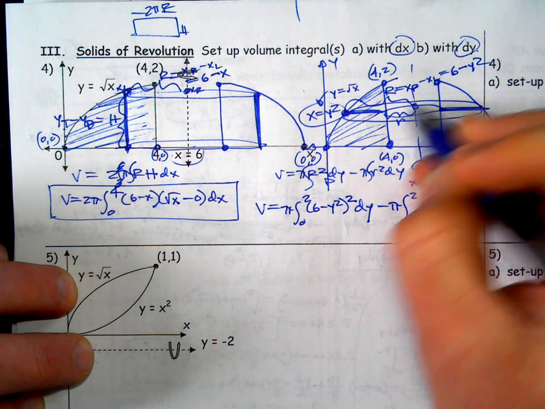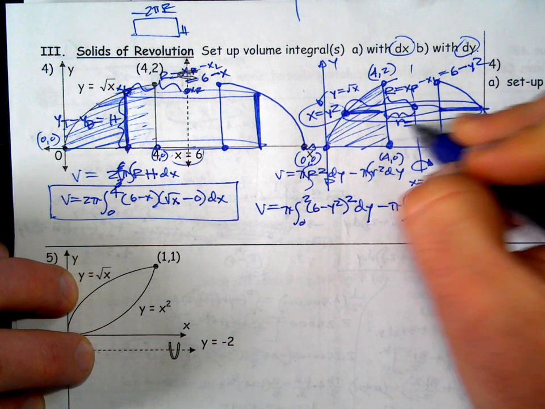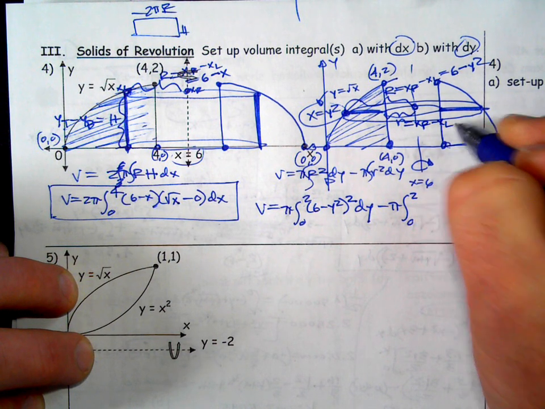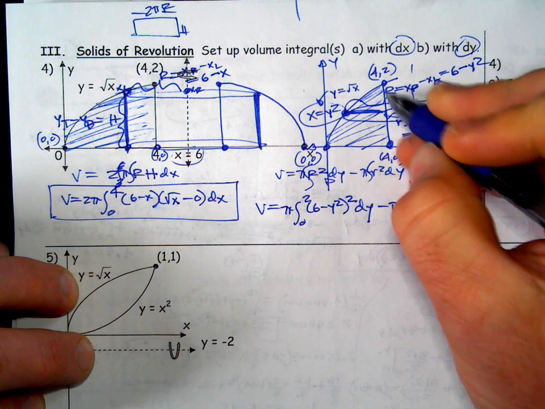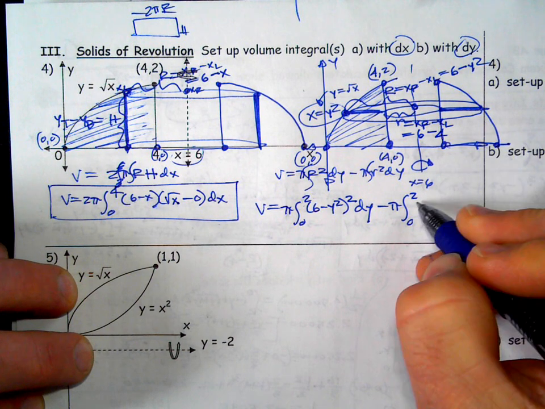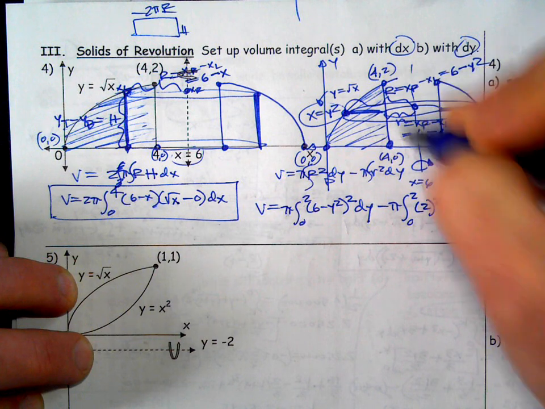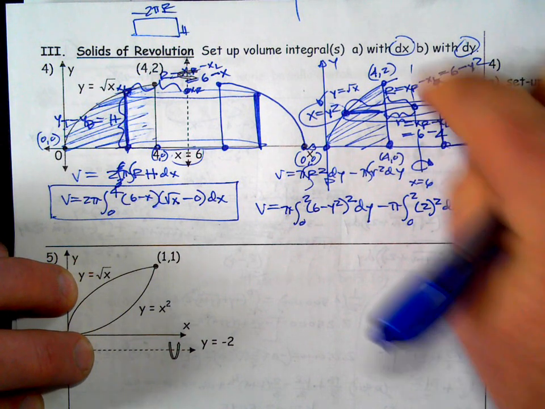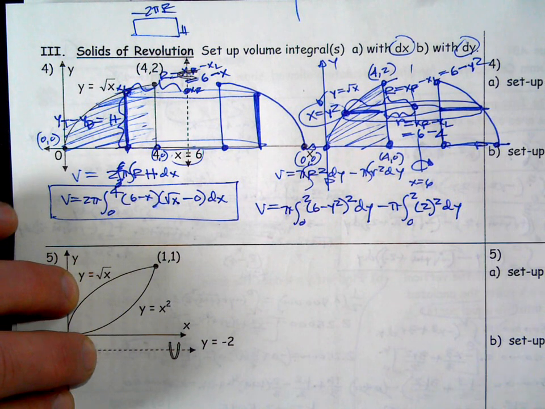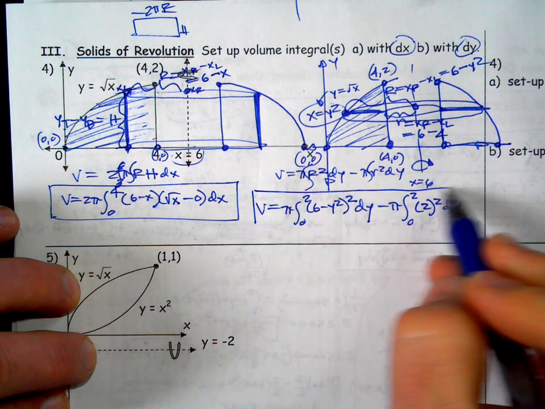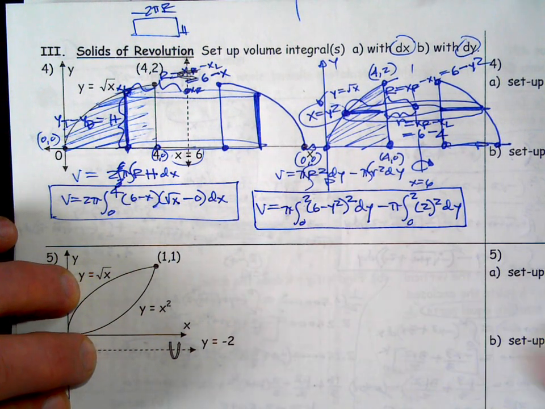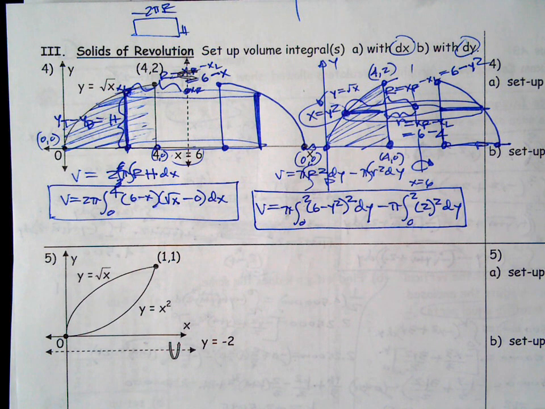Now, inside here, the little radius is x right minus x left. X right is always 6. X left is always 4. The radius is always 2, dy. And that makes sense because if you visualize what that volume is that we're subtracting right there, it's a perfect cylinder with a constant radius. So there you go.